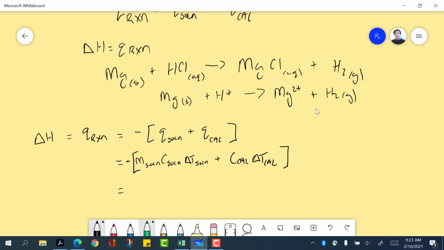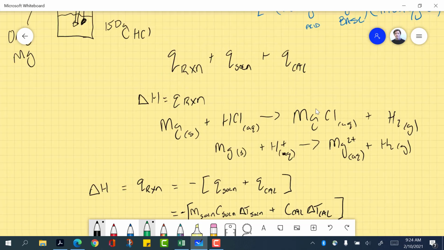So that would be 0.41 grams plus 150 grams of HCl multiplied by the specific heat of the solution. Well, the solution is water. This was all in aqueous solution. So that would be times 4.184 joules per gram degree Celsius times the change in temperature.